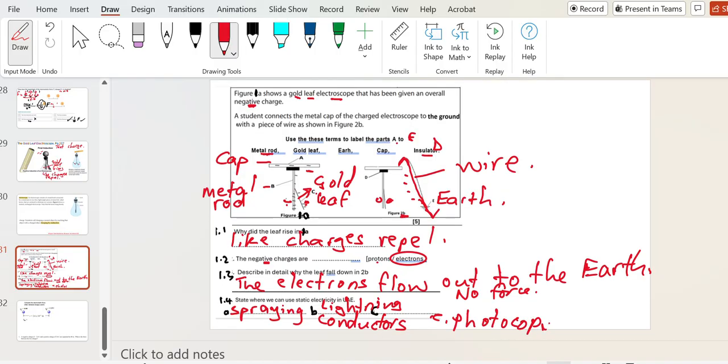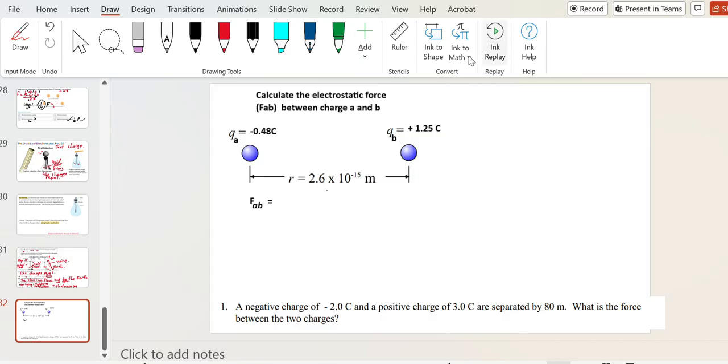When you want to make copies, photocopying, you use static electricity. This one I give you for practice again, for you to practice the calculator.